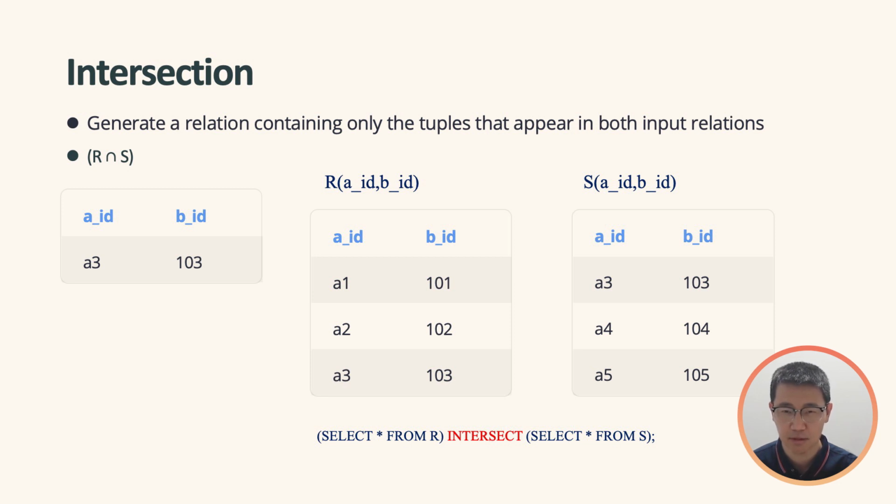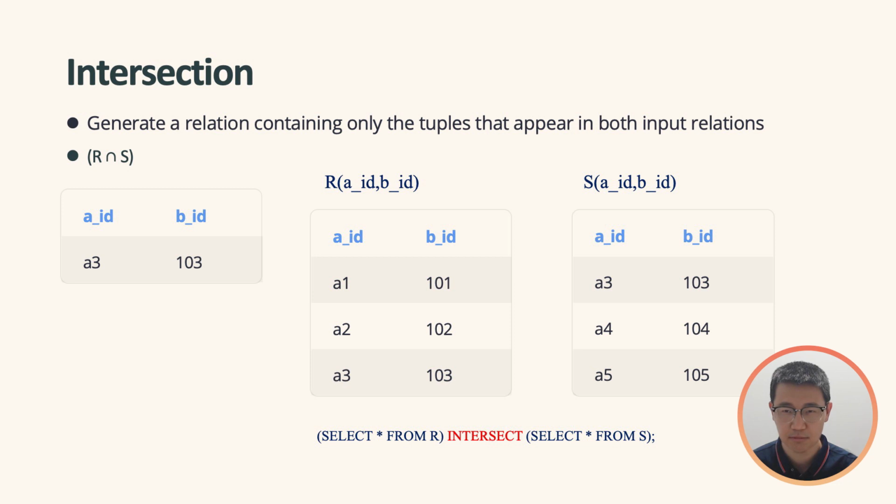I'm looking for A1, but A1 isn't there. Not in A2, but A3 is present. If A3 is present, then 103 should also be present. We don't have A4. A5 is not available, but I found A3 and 103.